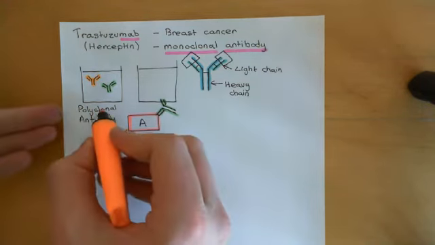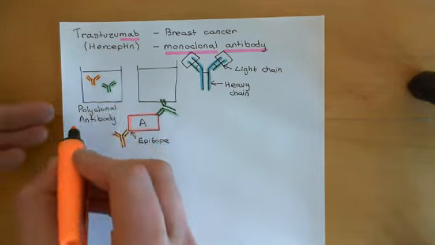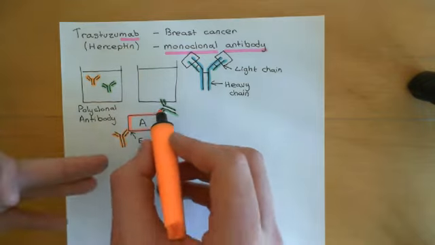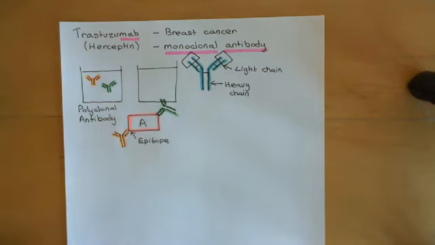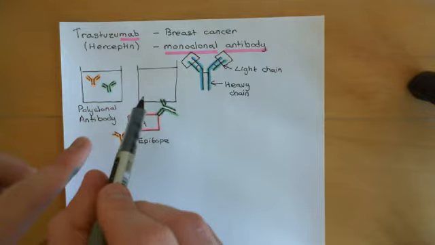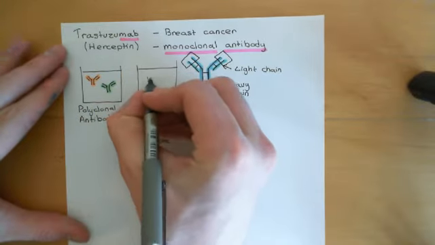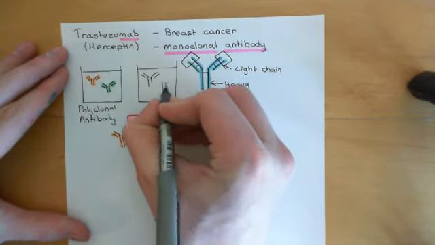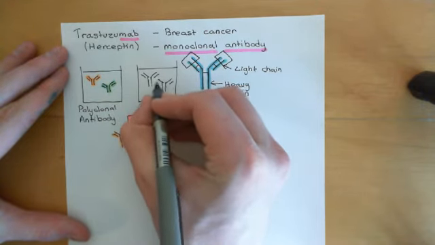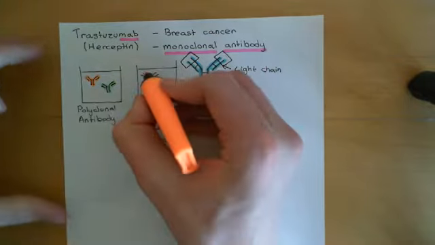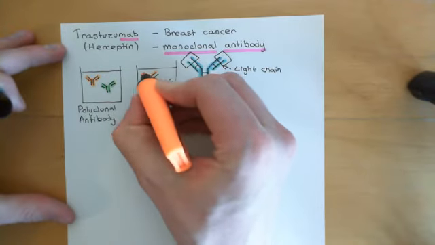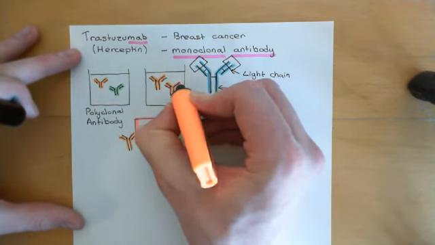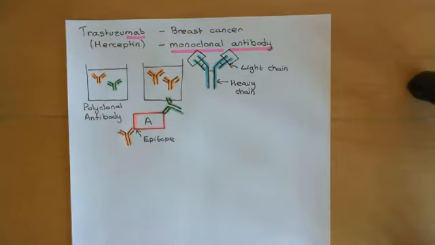That polyclonal antibody refers to the solution containing loads of antibodies that all bind to protein A, but which bind to different epitopes. Monoclonal antibody refers to a solution containing only one type of antibody, i.e. antibodies that all bind to the exact same epitope of protein A. So here, this solution where they're all orange antibodies, let's say, and they bind to a specific epitope of protein A, that's what's meant by a monoclonal antibody.